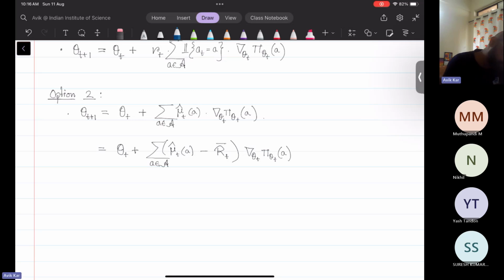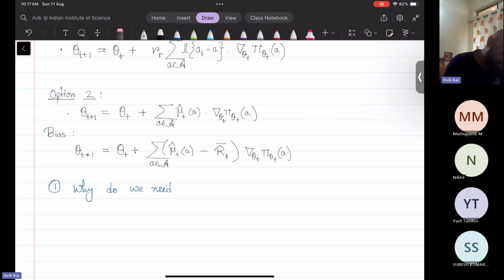So here there are two questions. Why do we need this? This is called a baseline. These two are not the same equation; this is after adding the baseline.